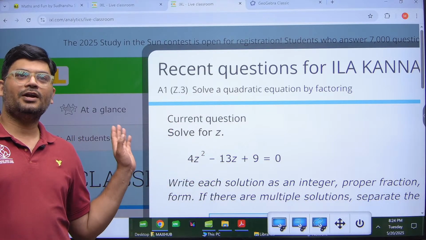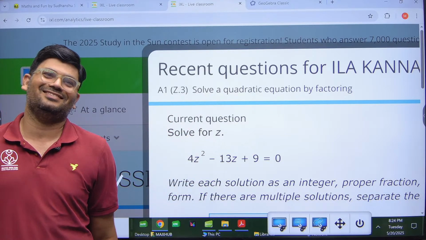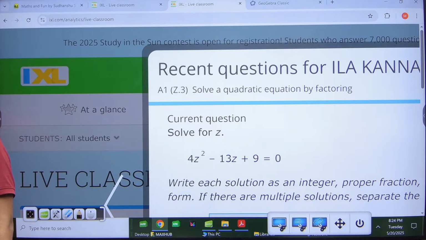The number is given in front of you only. 9 and 4 is 13. Minus 4, minus 9. Right now. Minus 4 and minus 9.